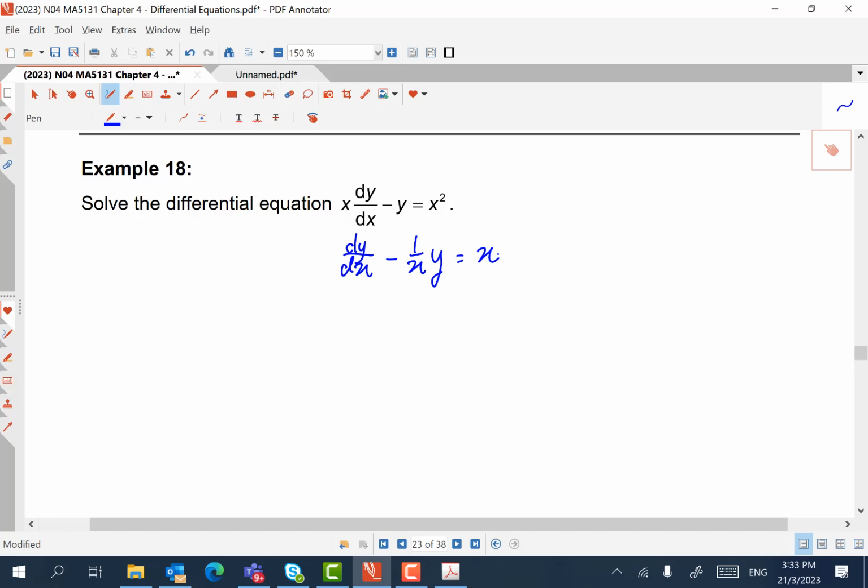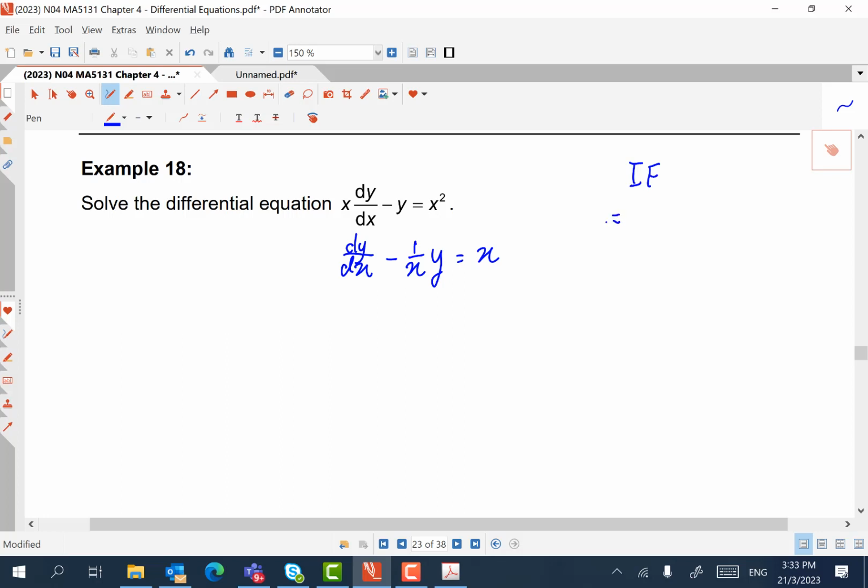We just for the time being take it that way first. We solve it and then we verify that it's workable. Just be brave. So then you have to find the IF.